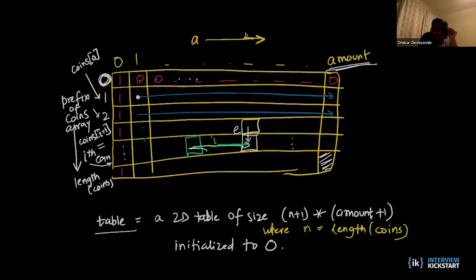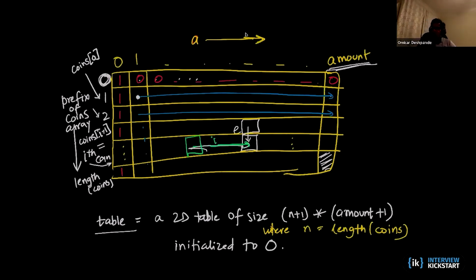Because when you do memoization, you are only solving subproblems that are relevant to the final problem that had to be solved. Since you're going top down, you're starting from the actual problem that needs to be solved and then delegating the work and figuring out what subproblems need to be solved and getting their solution.